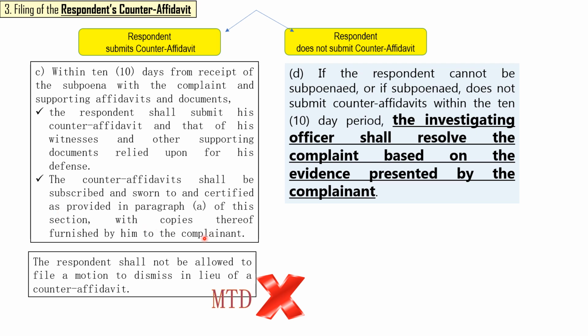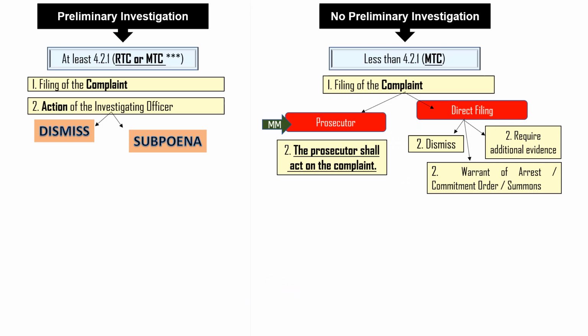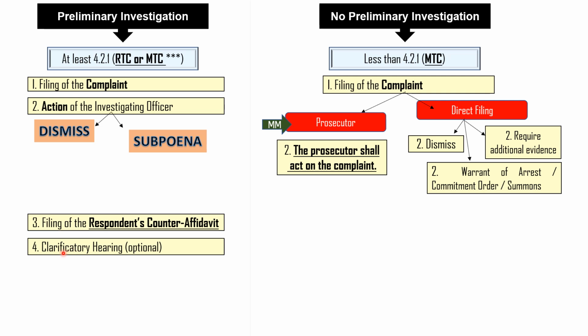And copies must be furnished by him to the complainant. So after the filing of the respondent's counter affidavit, what will happen next? There will be a clarificatory hearing. But take note that this is optional. And we are talking about the procedure in a case which requires preliminary investigation.